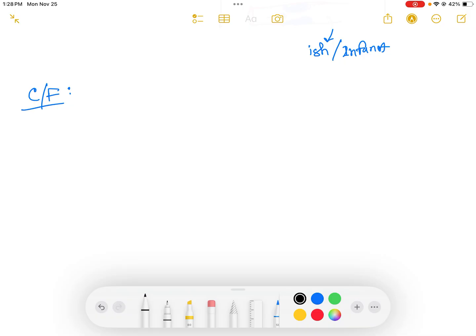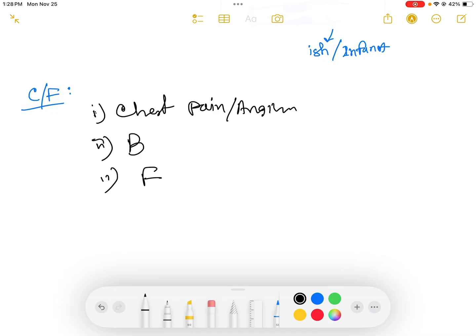Number one, chest pain or angina. Number two, breathlessness. Number three, fatigue. Number four, swelling, palpitations, and syncope.